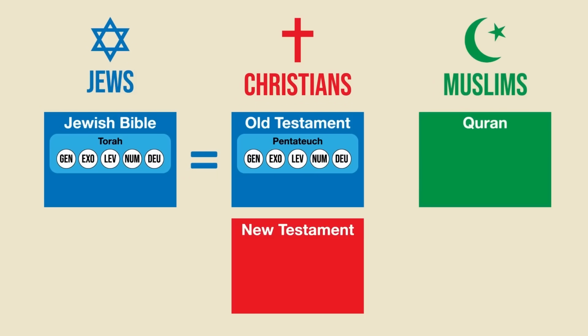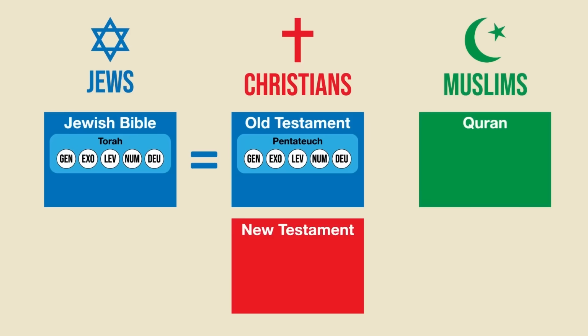So the Torah is simply the name for the first 5 books of the Tanakh, which happen to be the exact same 5 books as the first 5 books of the Christian Old Testament. So it doesn't matter if you pick up a Jewish Bible or a Christian Bible. Other than some minor translation differences, the first 5 books are going to be exactly the same.